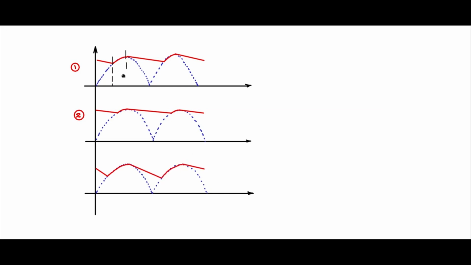Now let me mark the current conduction times. This is the current conduction time for case 1, current conduction time for case 2, and this is the current wave shape for the rectifier capacitor filter circuit. Now if you look at the current conduction for case 2, it is now narrower because the ripple is smaller, the conduction period is much narrower.